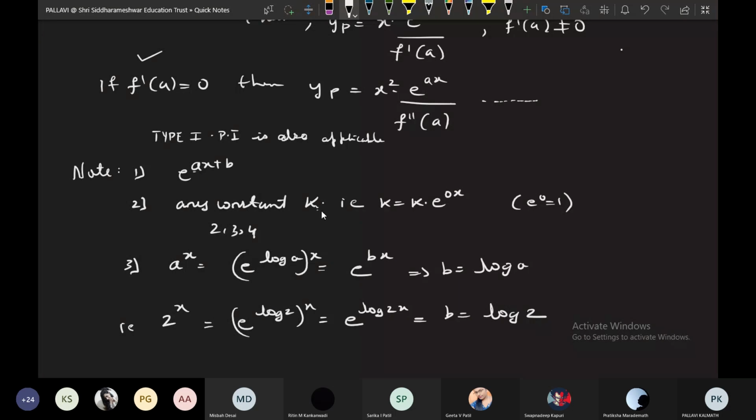Then if there is any constant k, you can write it as k into e raised to 0x. Then if you have any function as some constant raised to x, you can write it in the form of e raised to bx and find the value of log. I have shown you an example of how to write it.